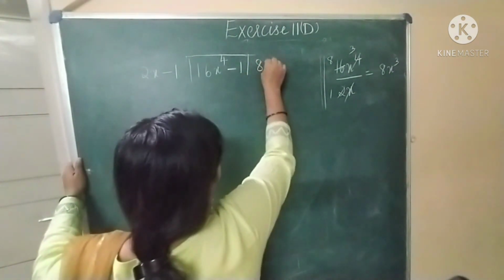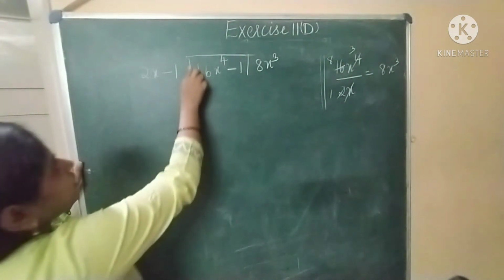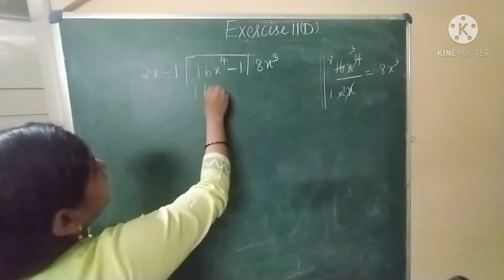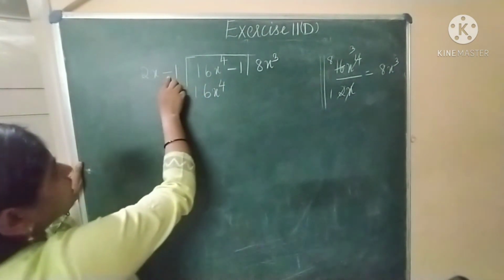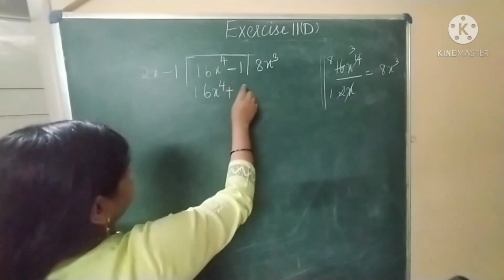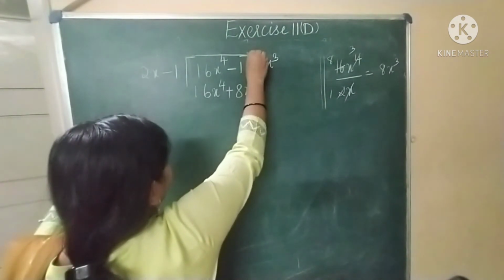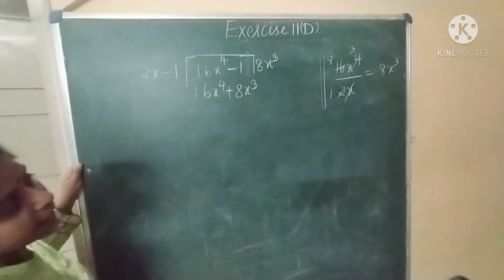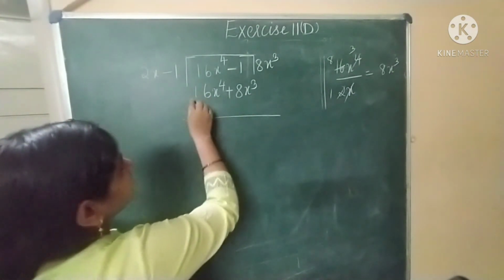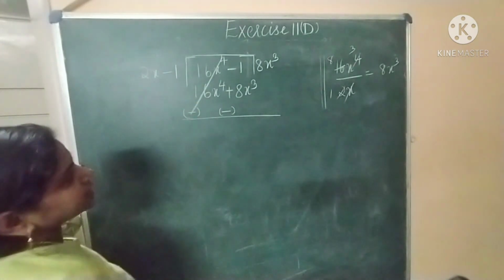I am writing the quotient here, 8x cube, and then start multiplying. 2 eights are 16, x to the power of 4. And here, minus into plus is minus, 8x cube. If you observe carefully, the x square term is missing and the x term is missing. So plus becomes minus, plus and minus get cancelled.